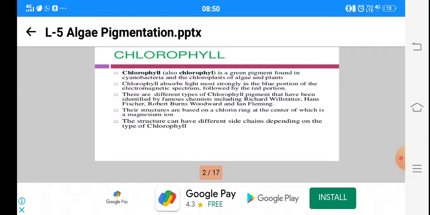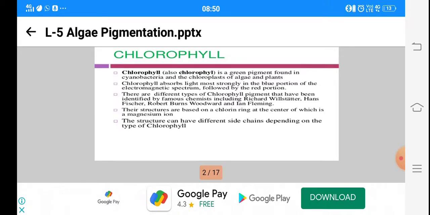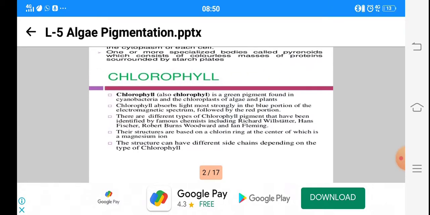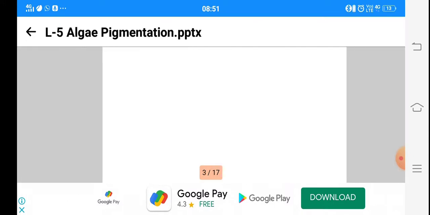According to one authority, Richard Willstätter and Hans Fischer, the structure is based on a chlorin ring with magnesium at the center, and this structure shows side chains depending on the type of chlorophyll.